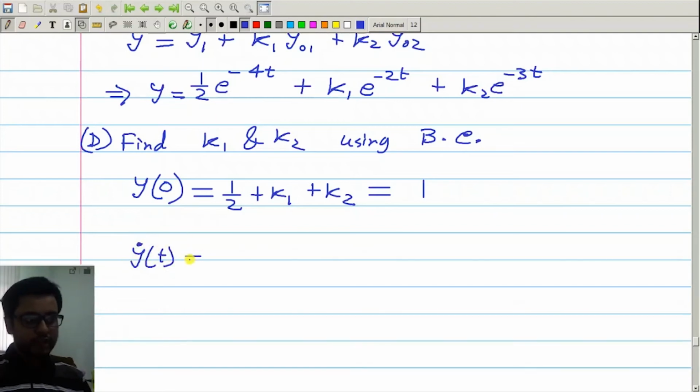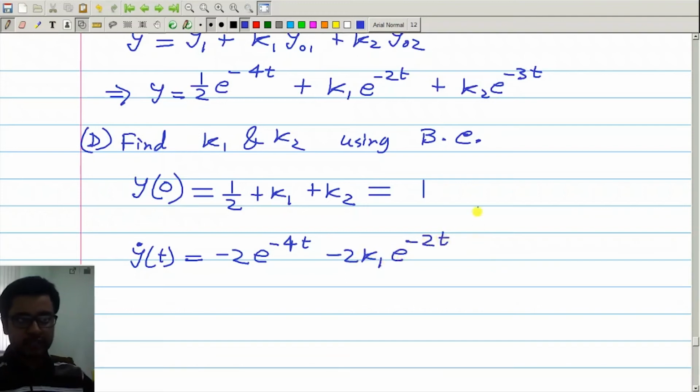Then let me differentiate this equation with respect to time, and we will get y dot t from here will be equal to half into minus 4, which means minus 2 e to the power minus 4t, then plus minus 2 into k1 e to the power minus 2t, then minus 3k2 e to the power minus 3t.